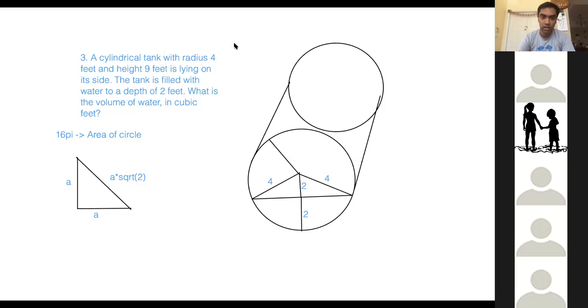And another triangle is a 30, 60, 90 triangle. I'll show you the ratio of the sides in a second. Let's say this side is A. This side would be 2A. And this side would be A times the square root of 3.